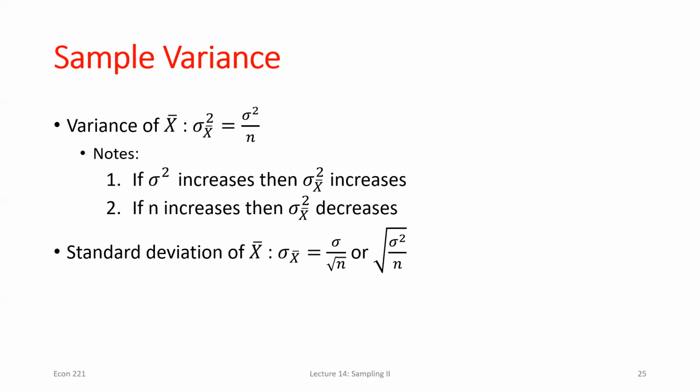But taking the square root of something that's squared, I can also write this as simply the standard deviation of the original data divided by the square root of my sample size. So we'll see this written out in 2 ways, because sometimes we'll have the variance of the original data we're sampling from, and sometimes we'll only have the standard deviation. Depending on which one we have, one of these equations might be a little bit easier to work with.